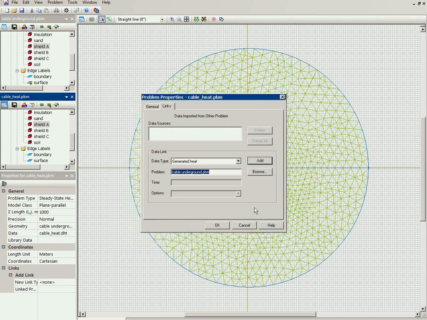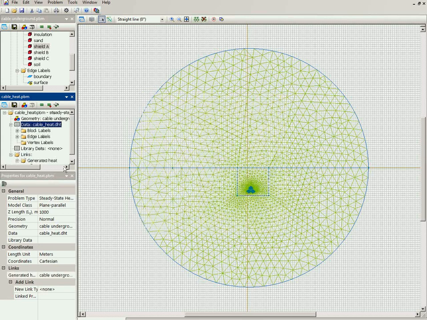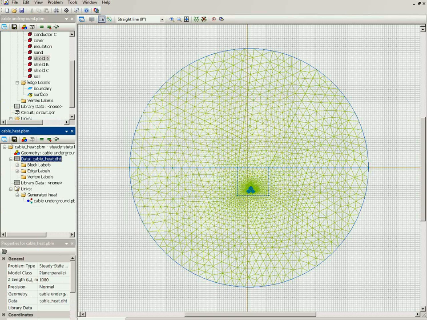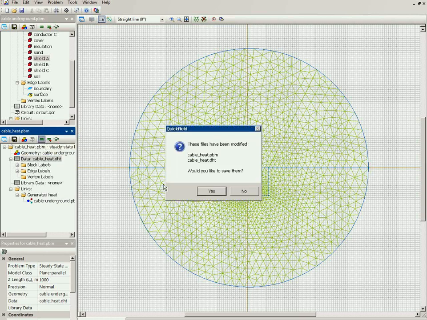This is the AC magnetic problem, and I add this link to the data sources. Now you can see that the thermal problem is linked to the AC magnetic problem, and from the AC magnetic problem it takes the generated heat.